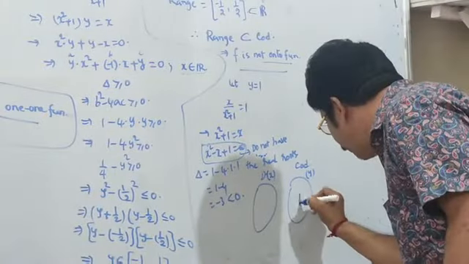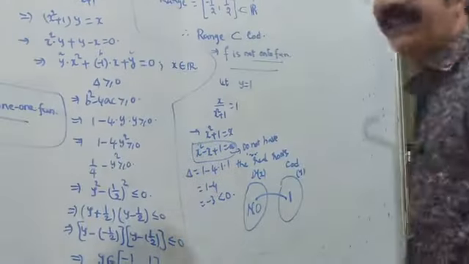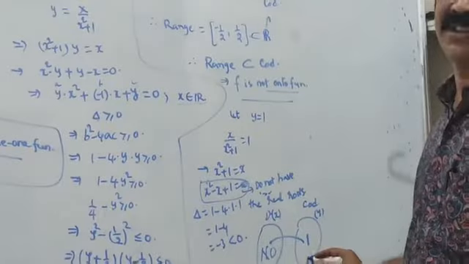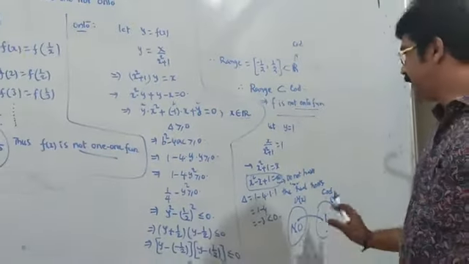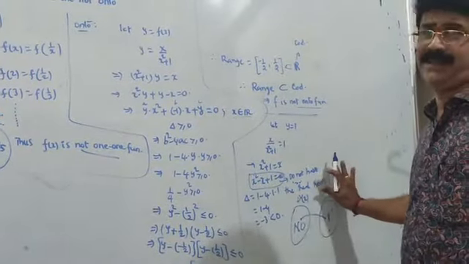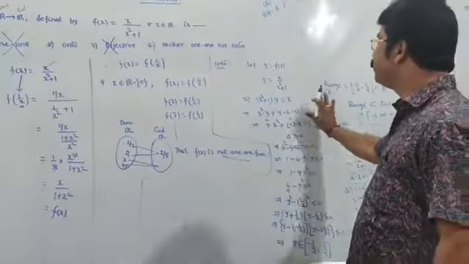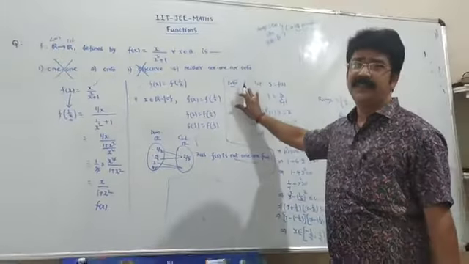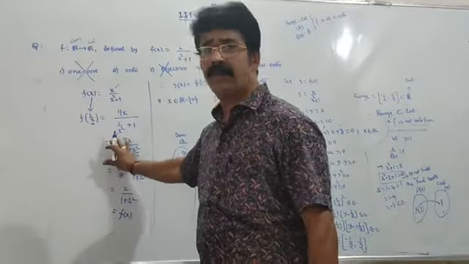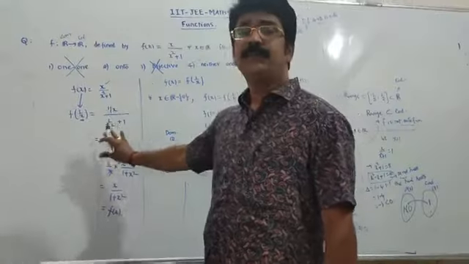So if y is equal to 1, there is no pre-image. Therefore, it is an into function, not an onto function. This is another method, the complete proof, to say that f is not an onto function. This is a different approach for showing it.